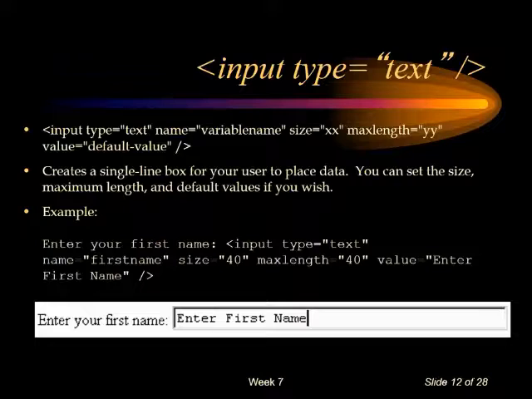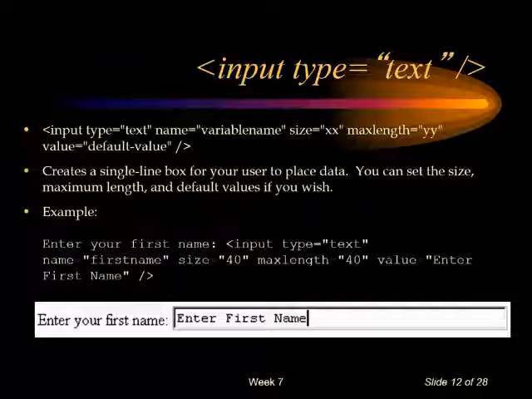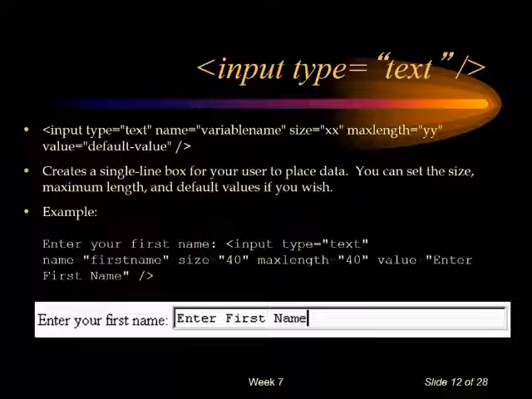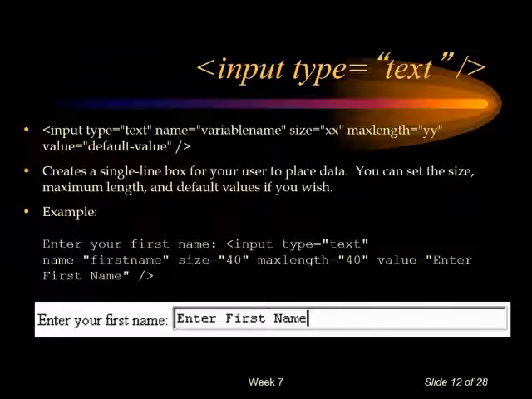The most commonly found input type is input type equals text. What input type equals text does is it creates a single line text box for your user to place in data. You can set the size, the maximum length, and the default values if you wish. The syntax for it is input type equals text, name equals the variable name, size equals the size of it if you want to define the size of the box.